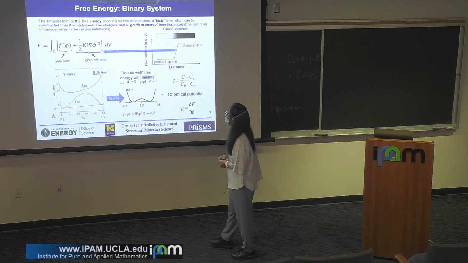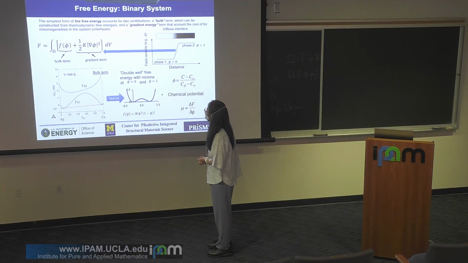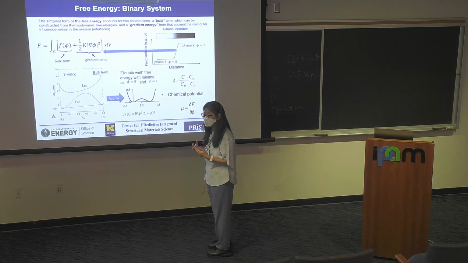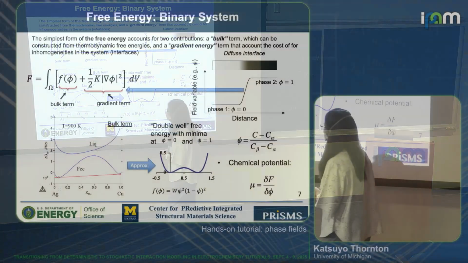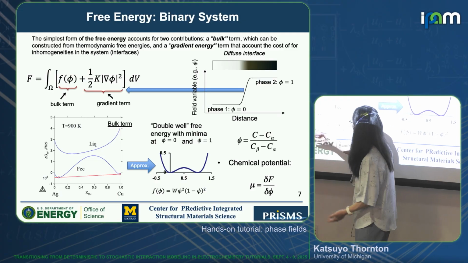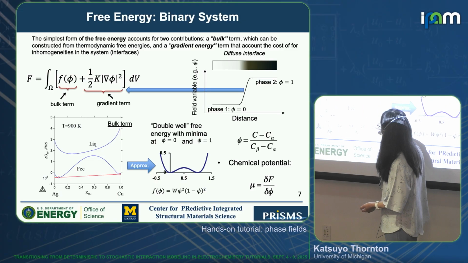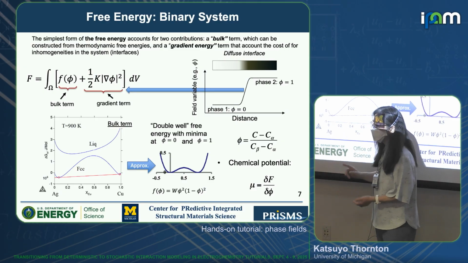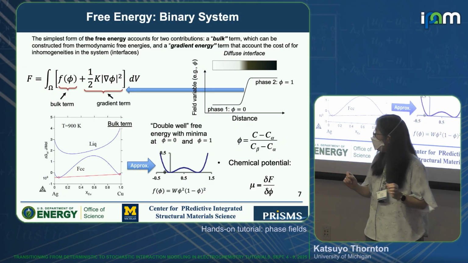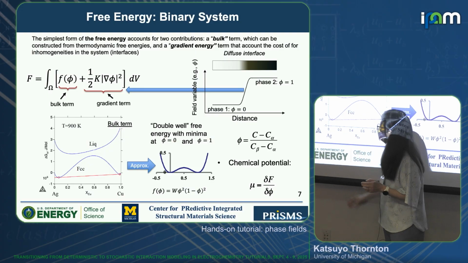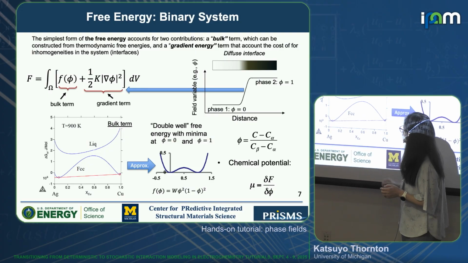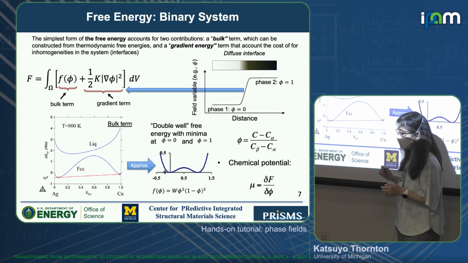So this phi here is related to concentration. Let's look at this simple silver-copper system. It's got the FCC structure, and there are two stable phases. One is silver rich, and the other one is copper rich.